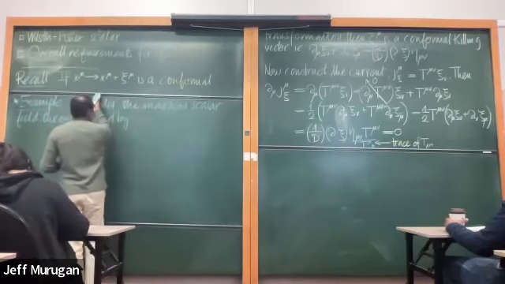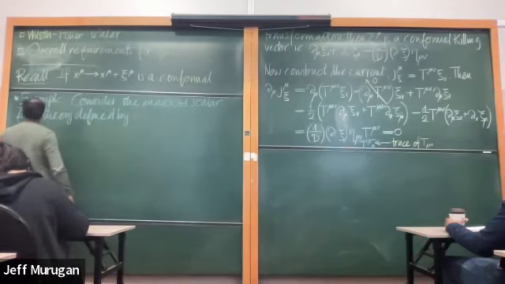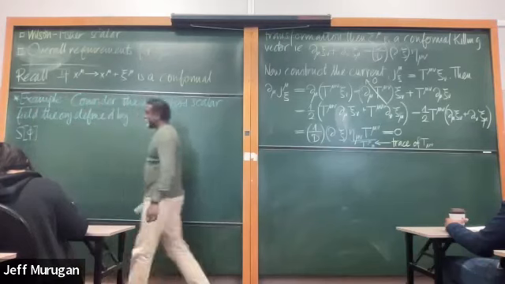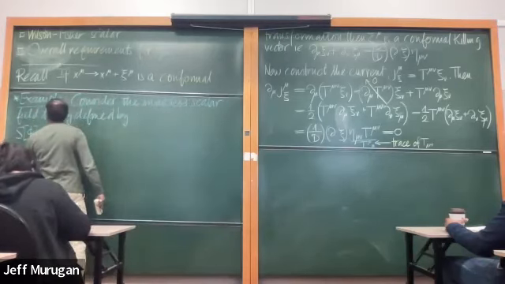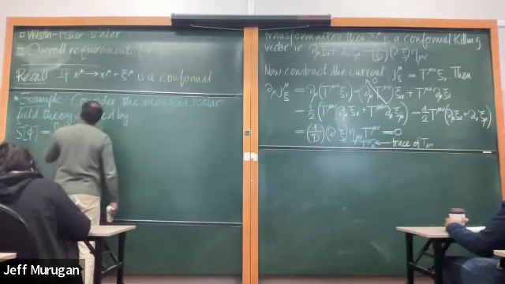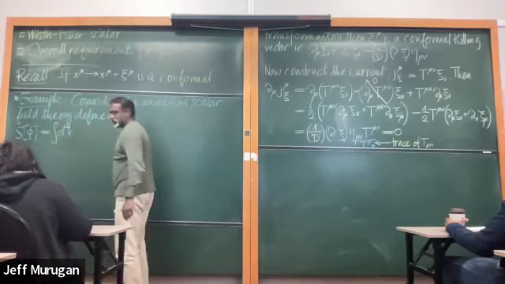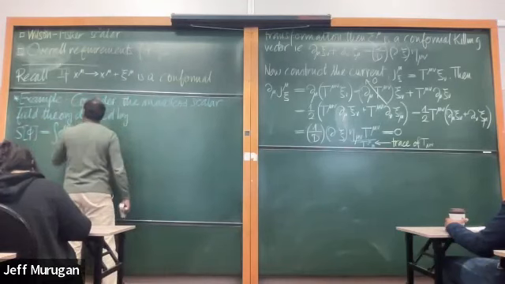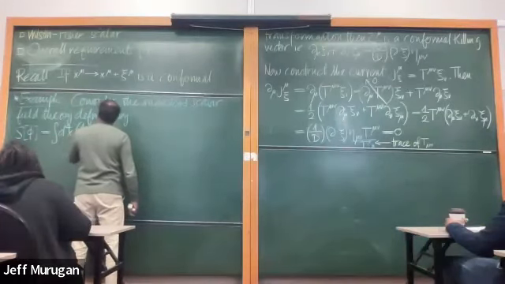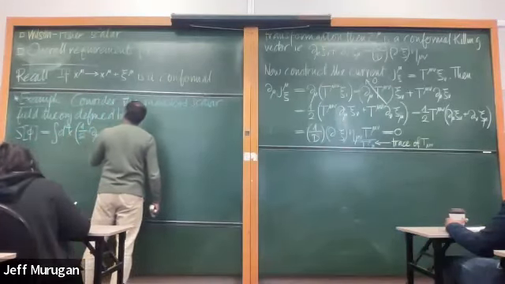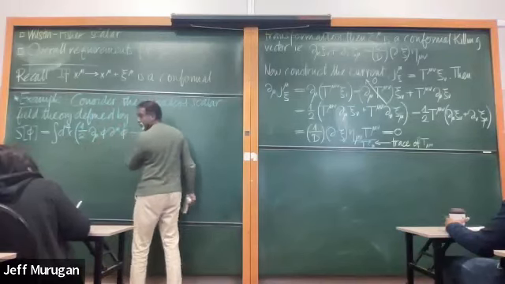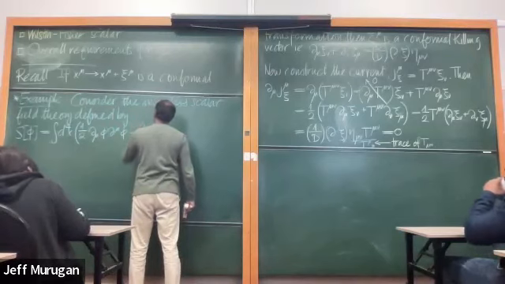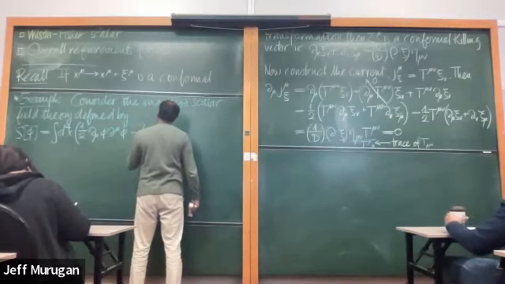I want to consider the massless scalar field theory defined by the following action. The action is a functional of the scalar field phi. This is the integral over space-time d^4x of one half (∂_μ φ)^2, the usual kinetic term, minus lambda over 4 factorial phi to the fourth.